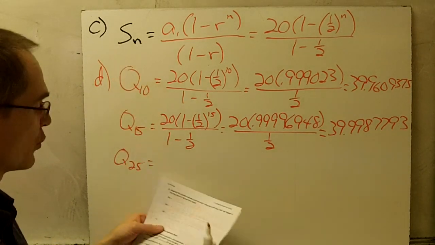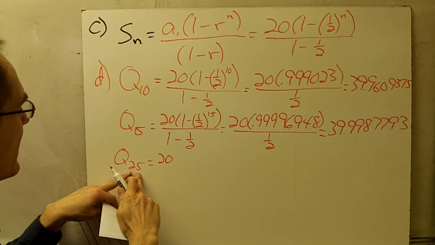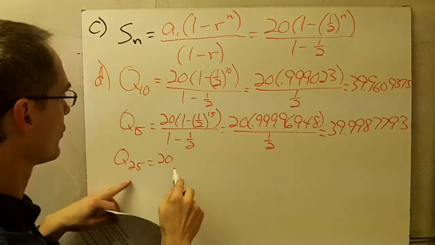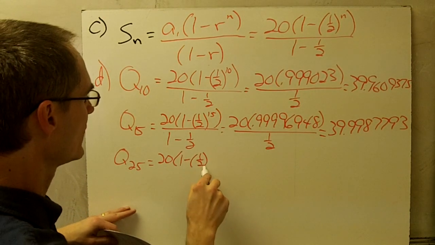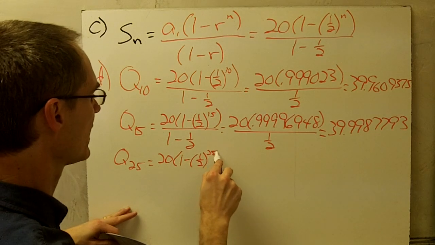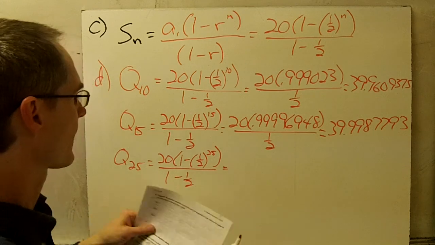All right, how about if I evaluate it for 25 injections after 25 days? Well, again, all I have to do is replace 25 with my value for N in my formula. So 20 times 1 minus 1/2 to the power of 25 over 1 minus 1/2.